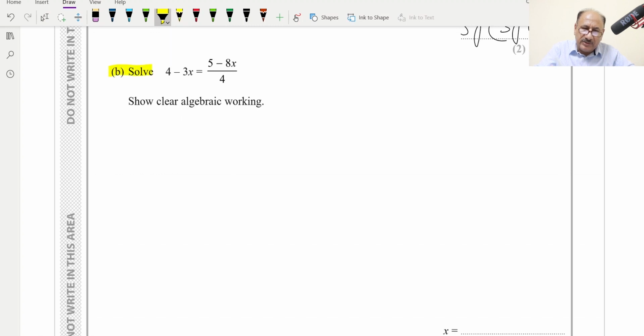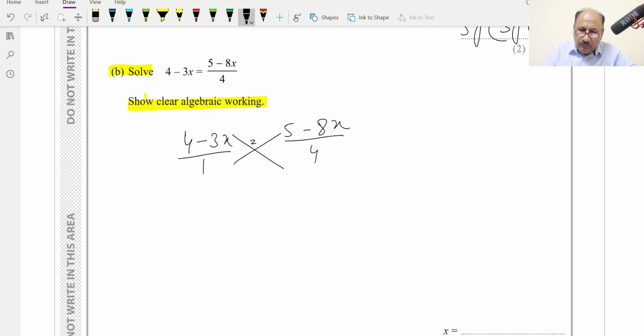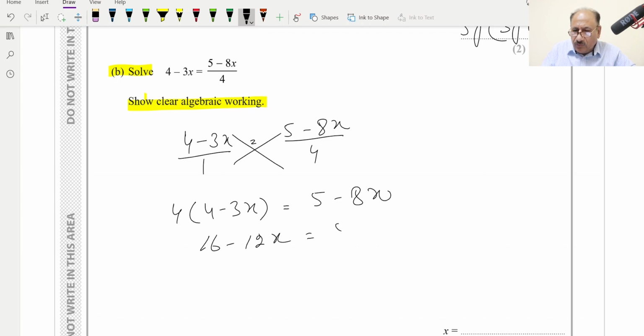Then B part, solve, show algebraic working. So we will write this question first over 1, and then we can cross multiply. So we will be writing 4 into 4 minus 3x will be equal to 5 minus 8x. So this will be 16 minus 12x is equal to 5 minus 8x. Now we can shift x to one side.